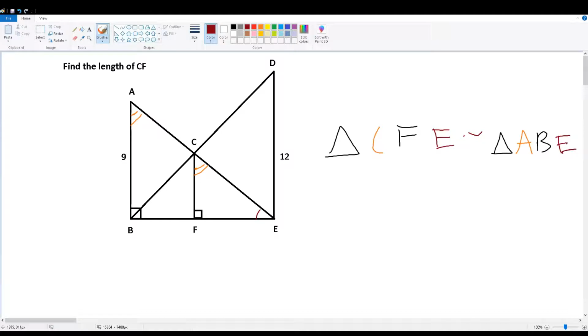Great. Now we've established one set of triangle similarity. Let's see if we can establish another pair.